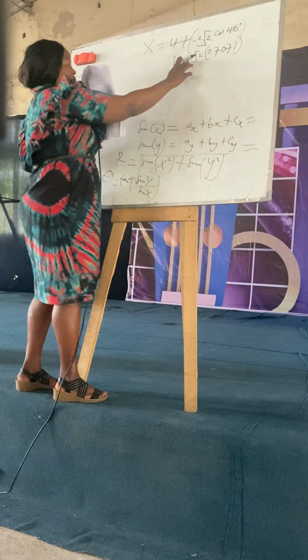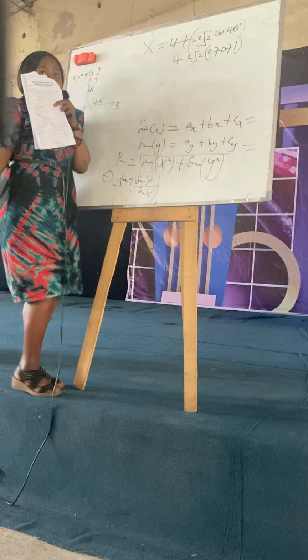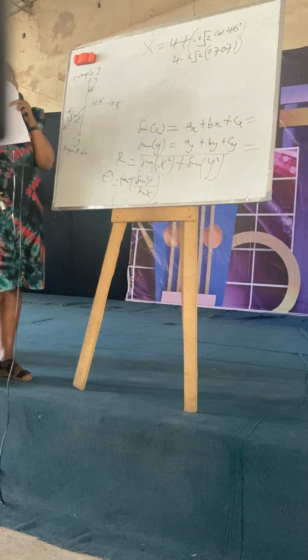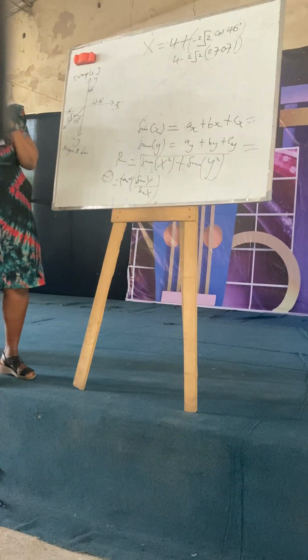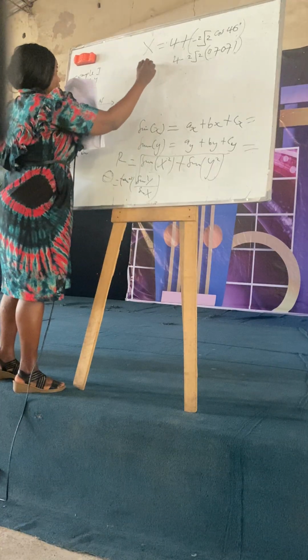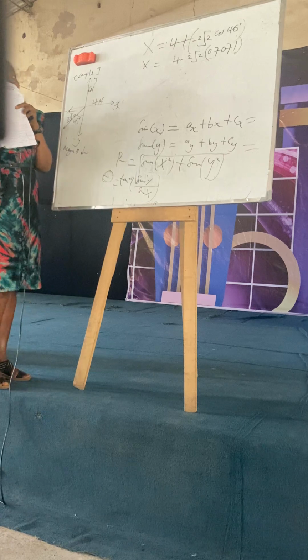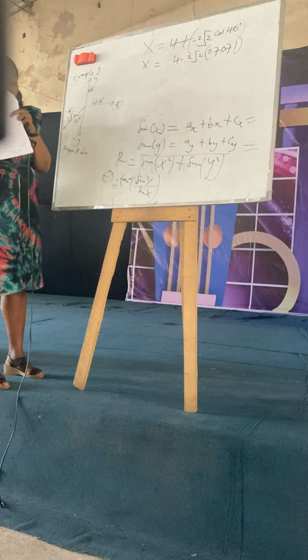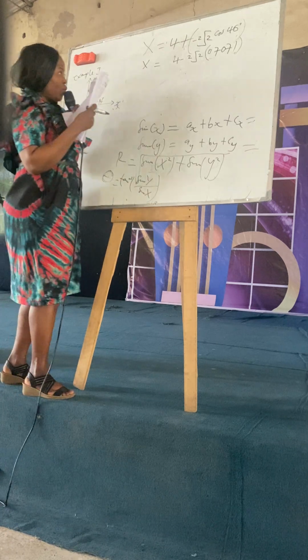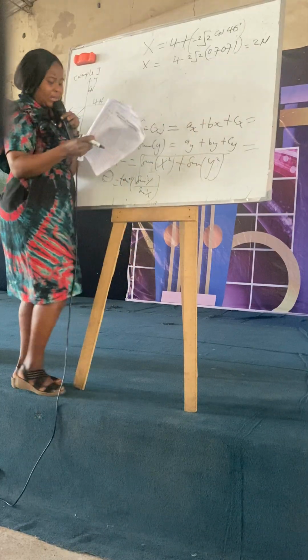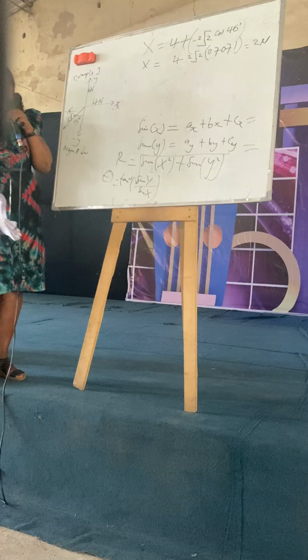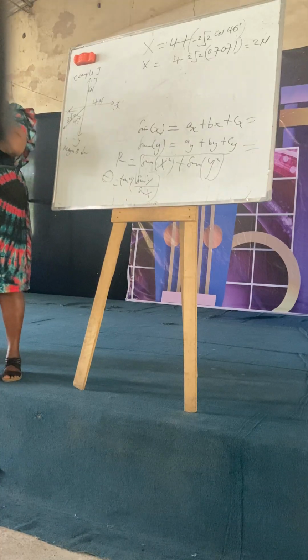Now, multiply 2 root 2 times this. What is it going to give you? 2 root 2 times that, minus 4. What will you have as the answer, which is your x? It will give you 2. Do it yourself and get the answer. Once you get 2 Newton, that is your x-axis.